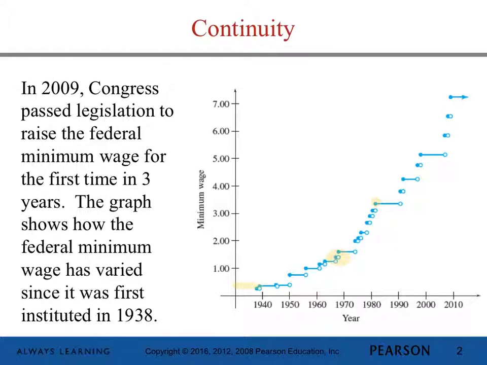Now, the idea here isn't just to talk about minimum wage, because as you know right now, minimum wage is about $7.25, which is this part of the graph up here. But the part that we want to look at more closely is the idea of where it is continuous and where it is not continuous.